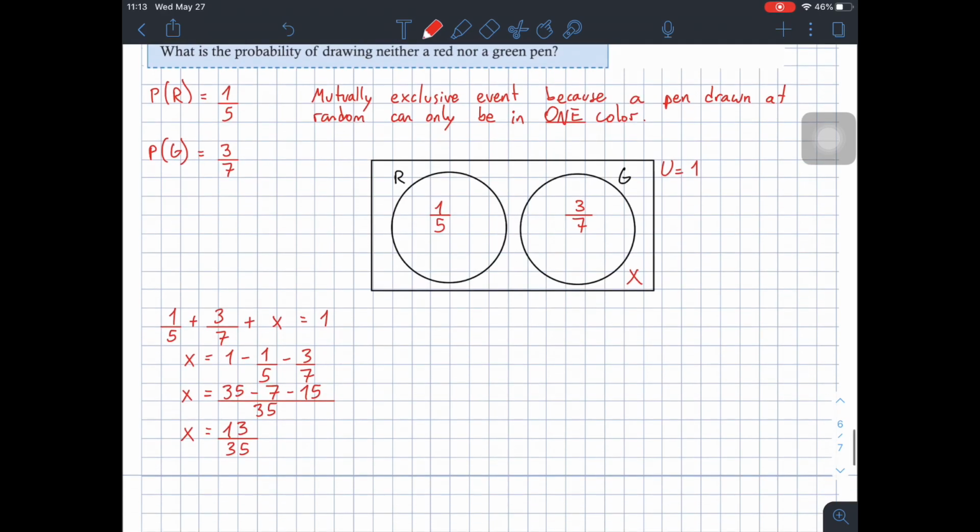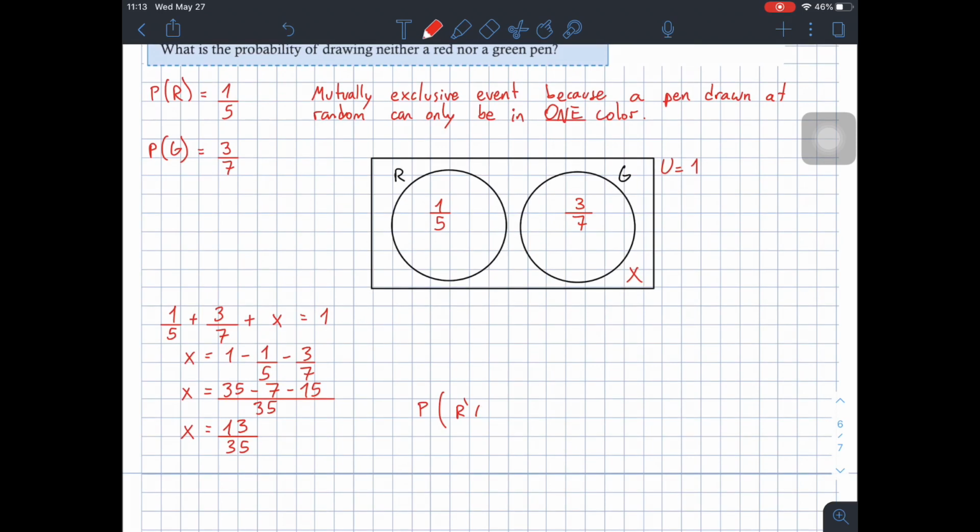So if we want to write this using mathematical notation, we would write it as the probability of picking not red, and not green.